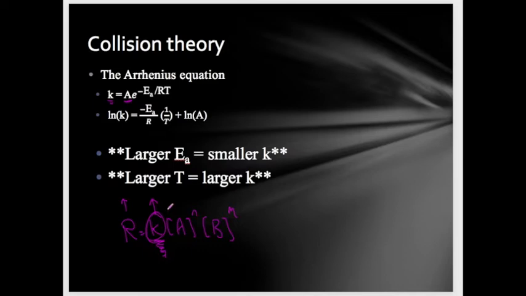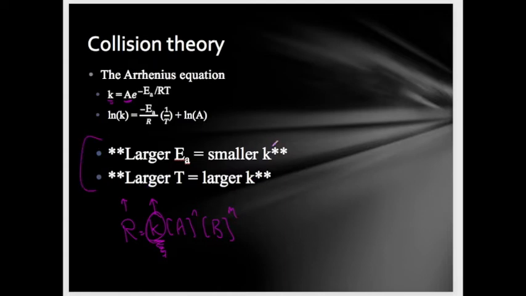That makes perfectly good sense because larger activation energy means there's a bigger energy threshold for you to overcome. What about temperature? Well, if you know your math, having temperature in the equation, if you increase temperature, you're going to end up increasing K. That makes perfectly good sense. For chemical reactions, a higher temperature means you get more collisions and more energetic collisions. So of course that's going to increase the rate of the reaction by increasing K.